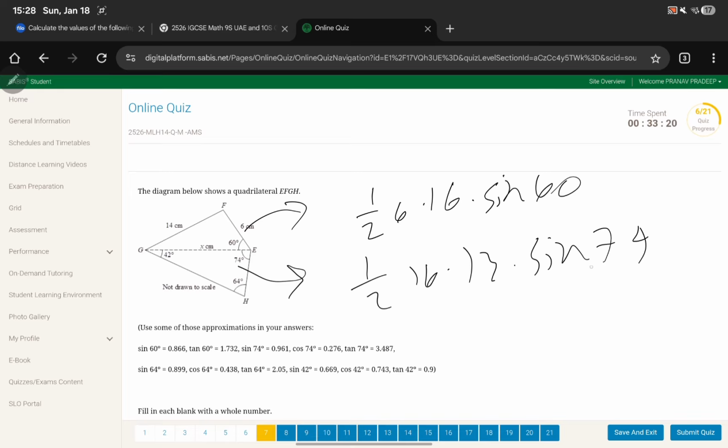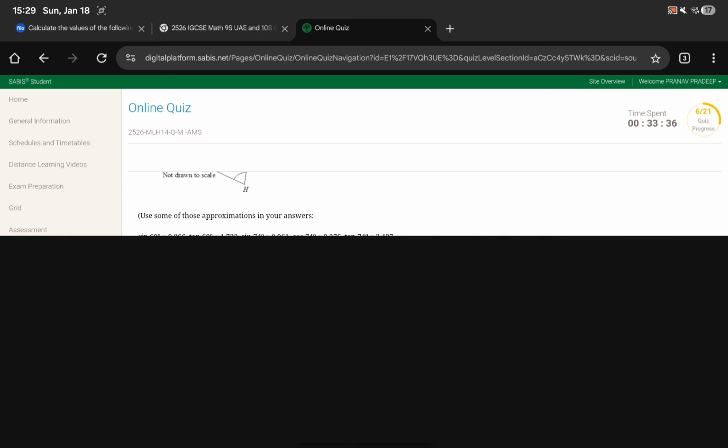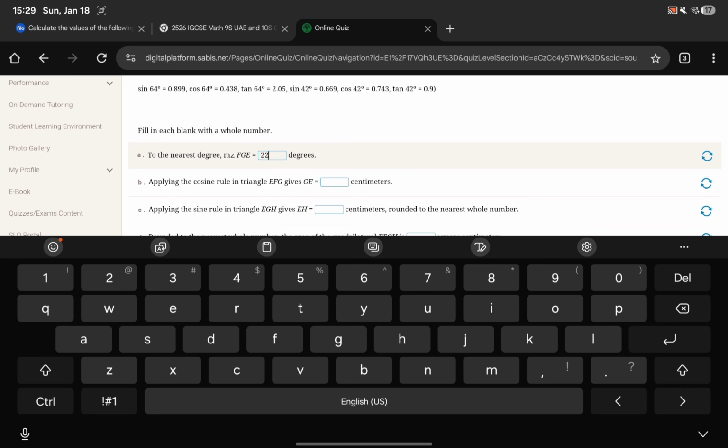Now, if you add these two up, you're going to get 133.8, which rounded off is 134 to the nearest whole number. I'll put in the values.